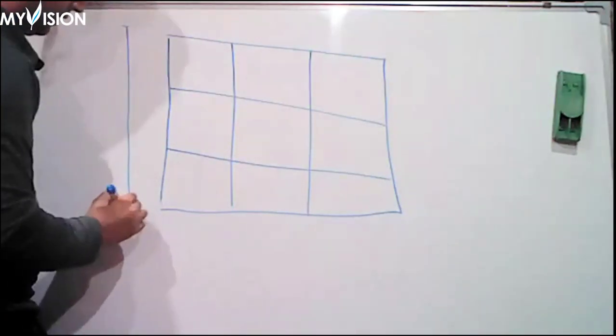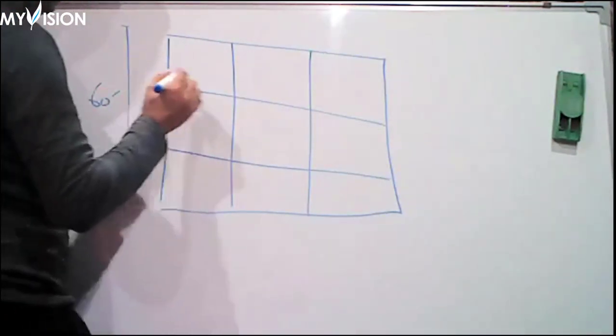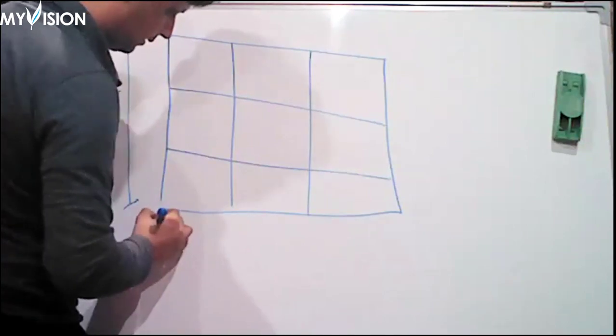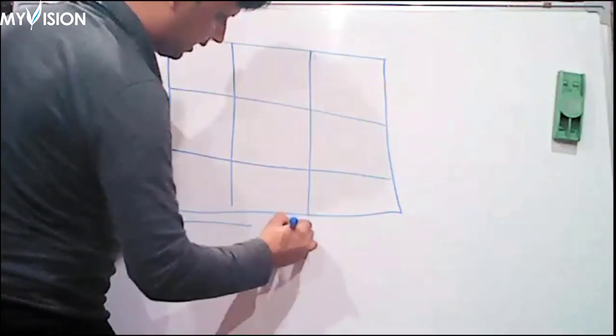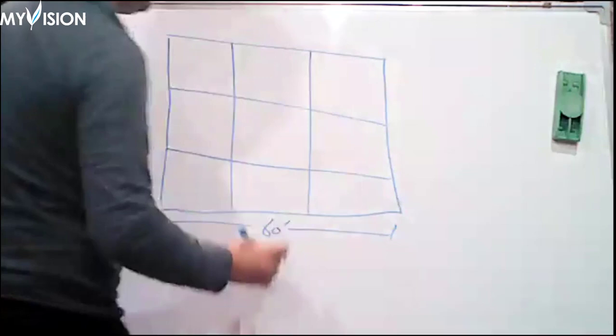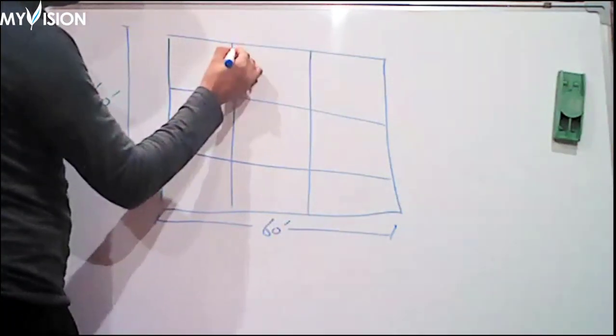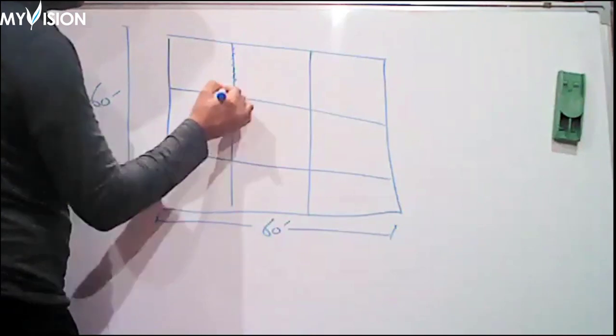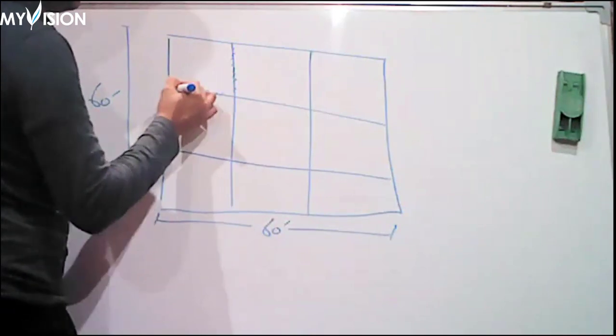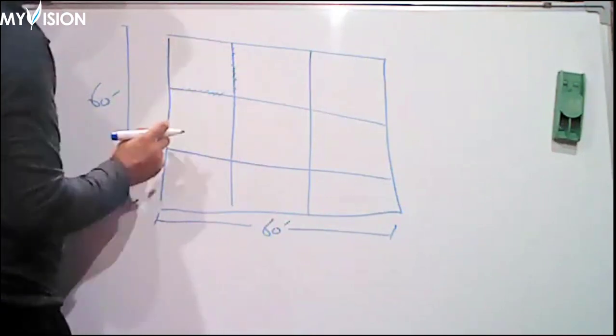This dimension is 60 feet. This dimension is again 60 feet. This is a continuous side. This is also a continuous side, and the other two are discontinuous.